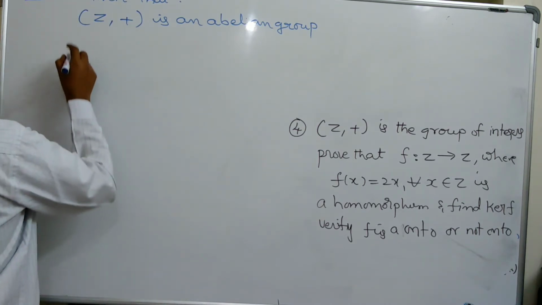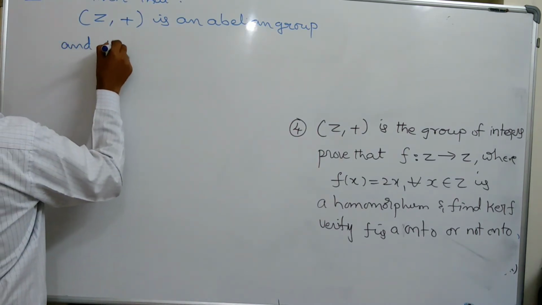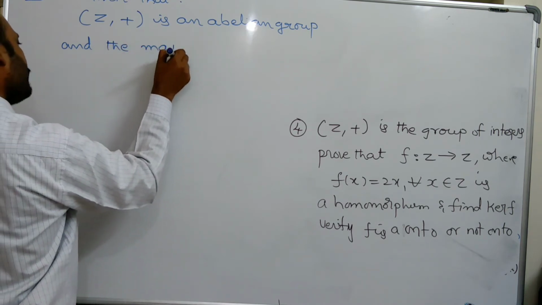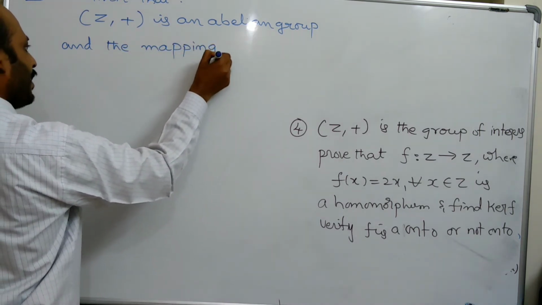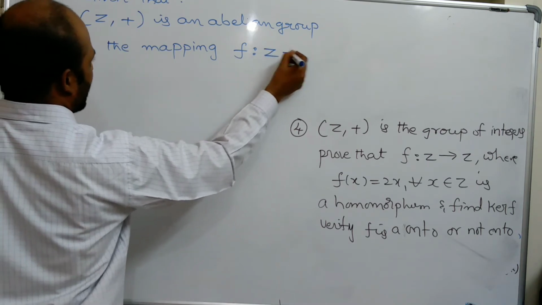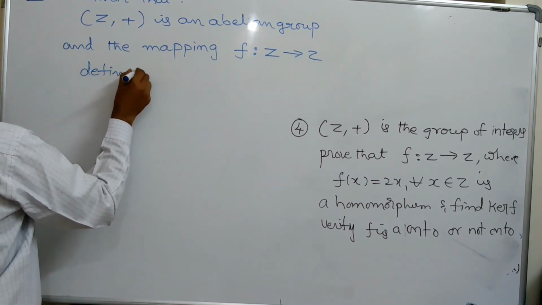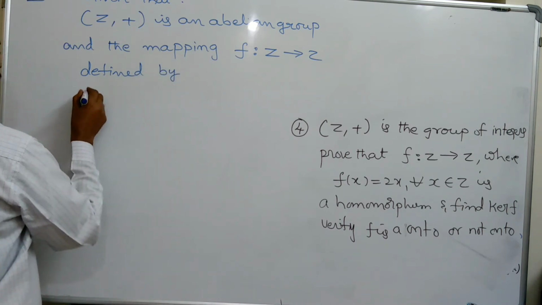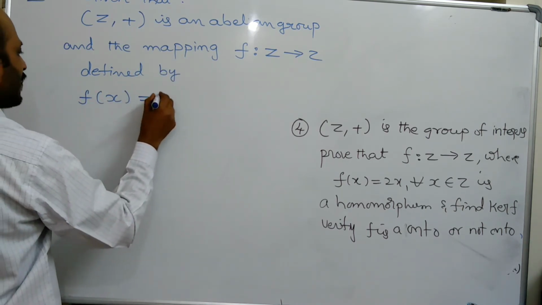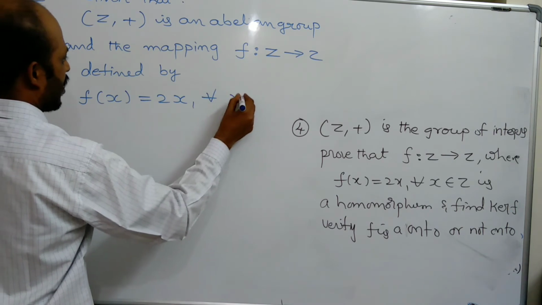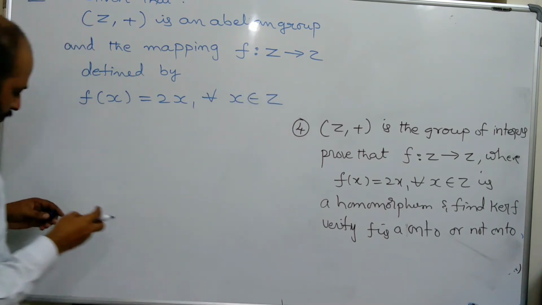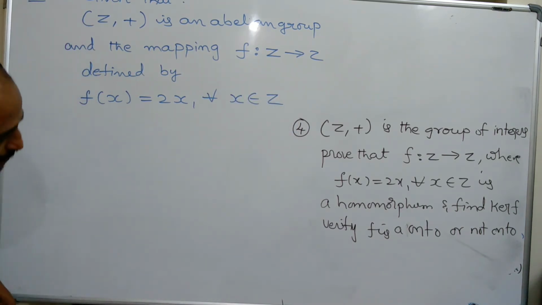And the mapping f maps capital Z into Z defined by f of x is equal to 2x for all x belonging to capital Z. Now our aim is to show that f is a homomorphism.